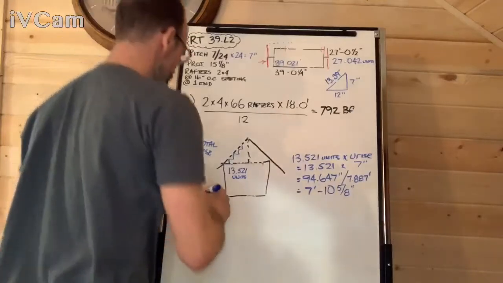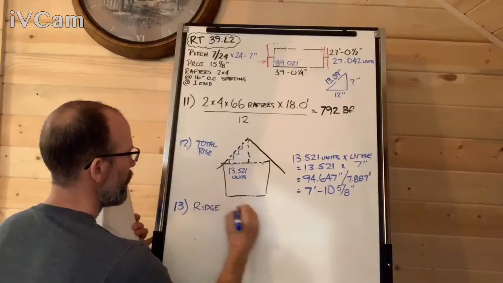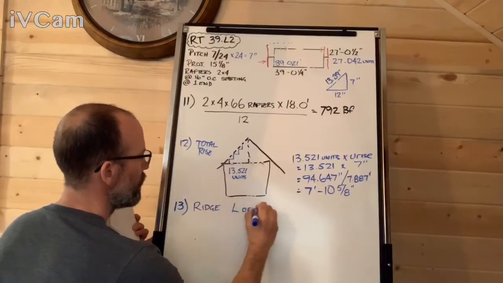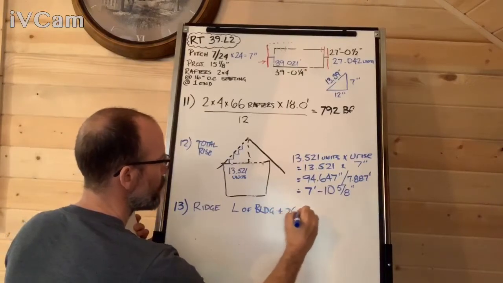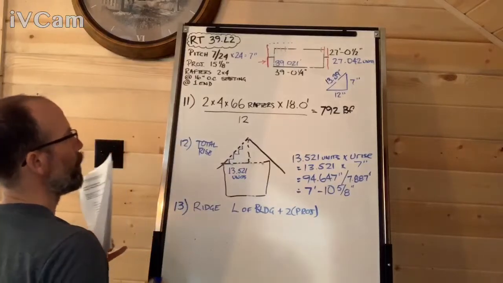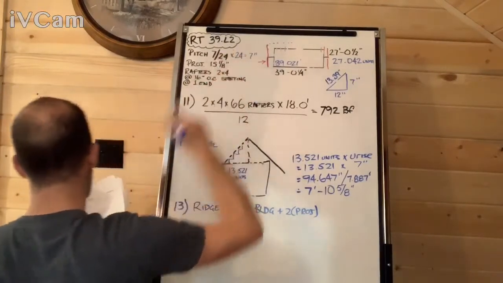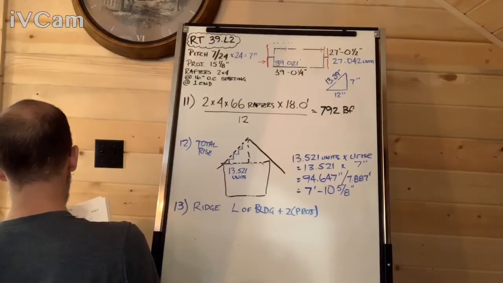So I'm going to take for my ridge, length of building, plus 2 times my projection. If I put this all into feet, 15 1/8 of an inch, if I change that over to feet, I get 1.26.